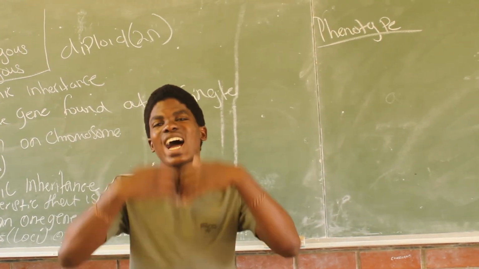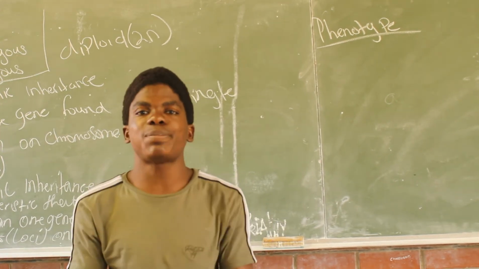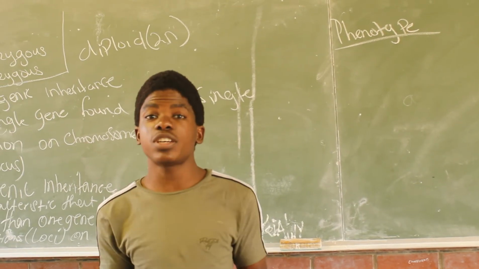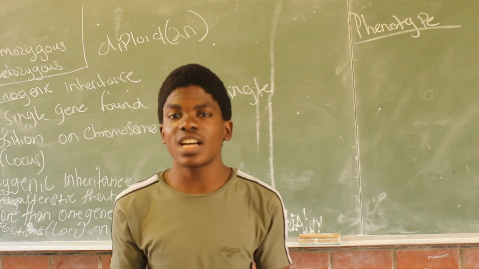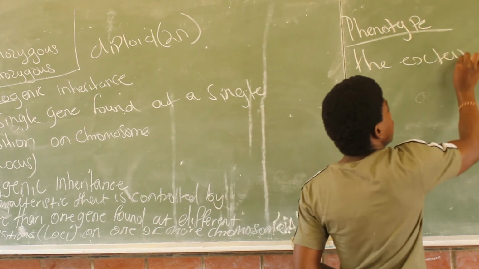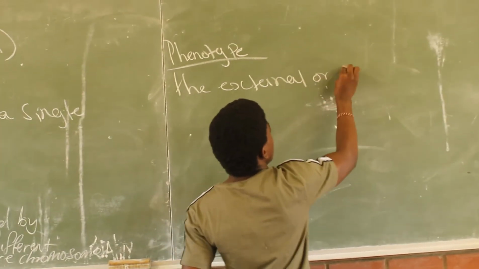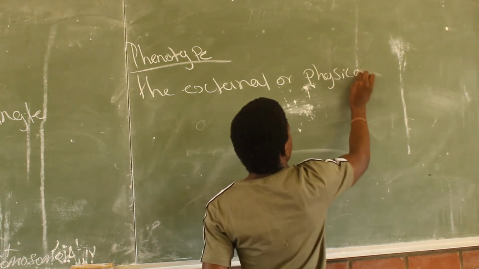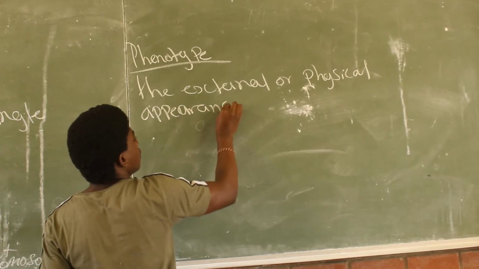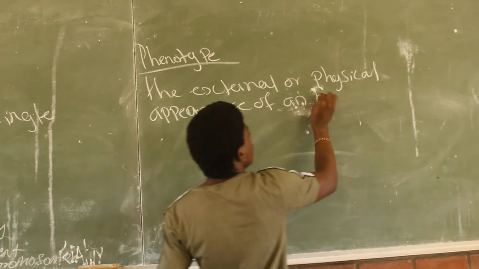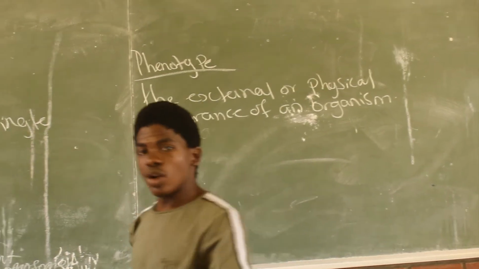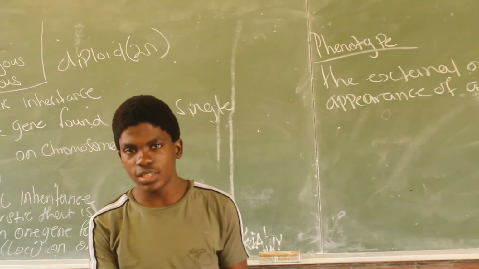A phenotype is the outward expression of a gene, the external or physical appearance of an organism.